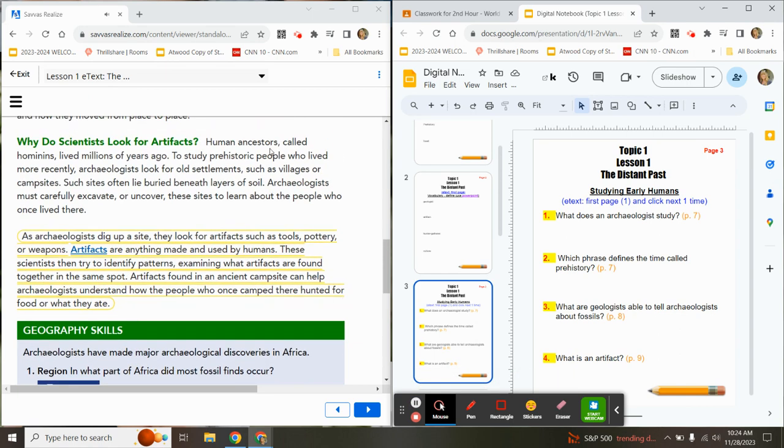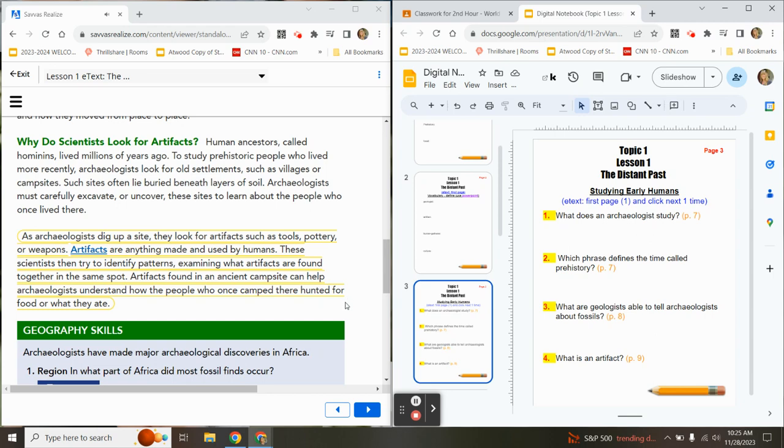Human ancestors, called hominins, lived millions of years ago. To study prehistoric people who lived more recently, archaeologists look for old settlements, such as villages or campsites. Such sites often lie buried beneath layers of soil. Archaeologists must carefully excavate or uncover these sites to learn about the people who once lived there. As archaeologists dig up a site, they look for artifacts such as tools, pottery, or weapons.